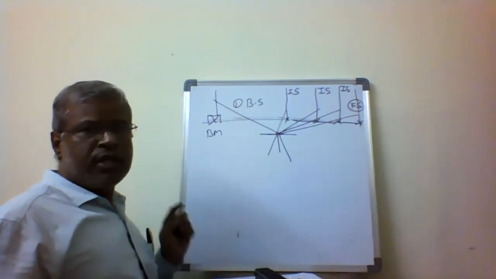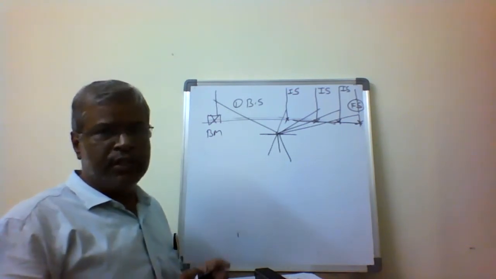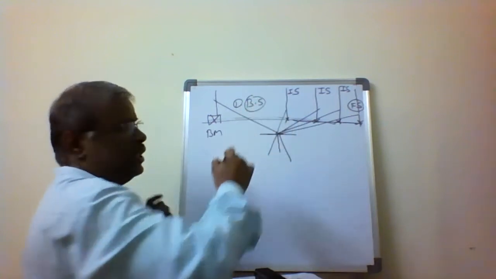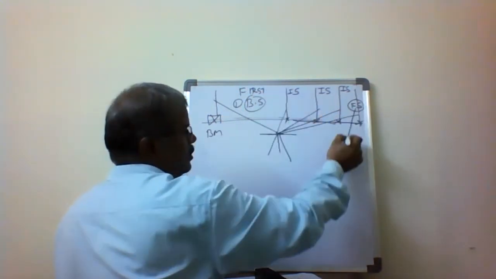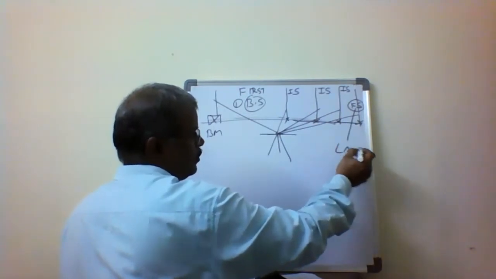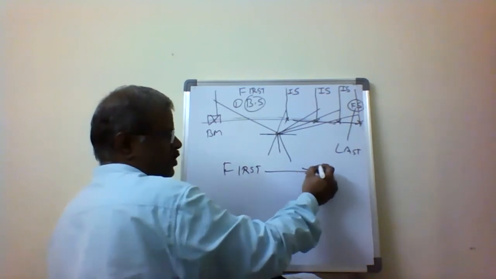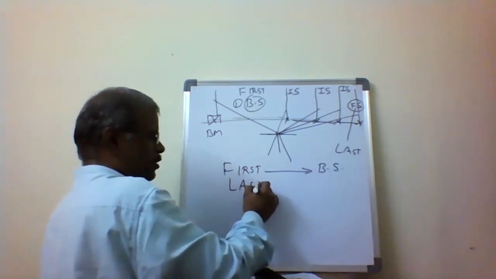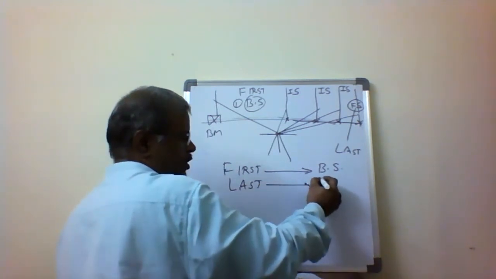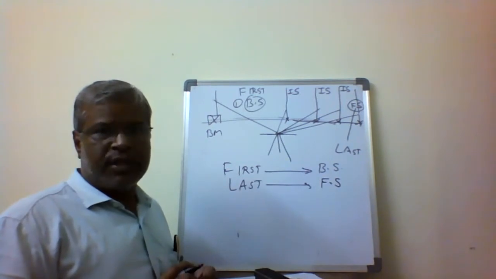The last reading before shifting of the instrument is called the foresight reading. This is the first one, and this is the last one. The first reading is always called the backside reading.